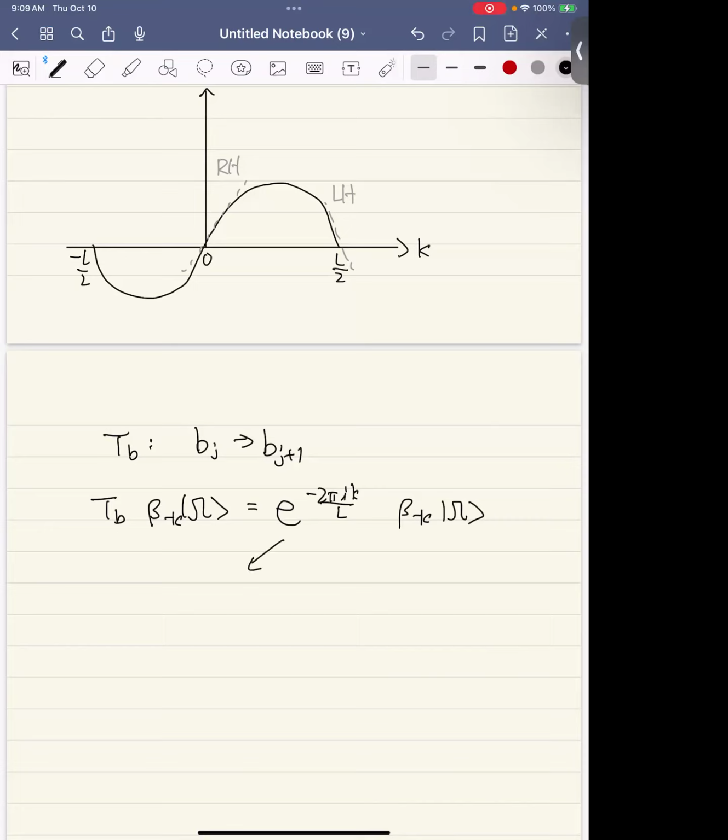And in the continuum limit, this phase is roughly plus 1 for states that are close to 0, and roughly minus 1 for states that are close to L over 2. So to conclude, the lattice translation in the continuum limit becomes a chiral symmetry.